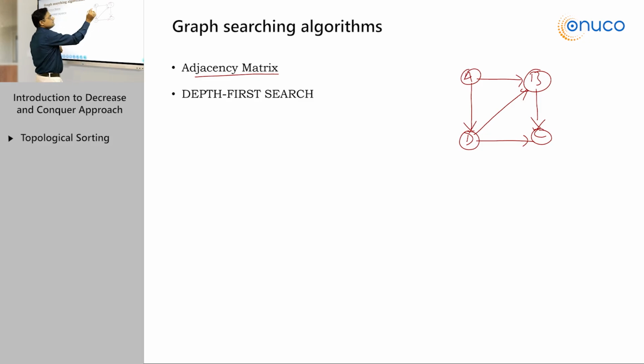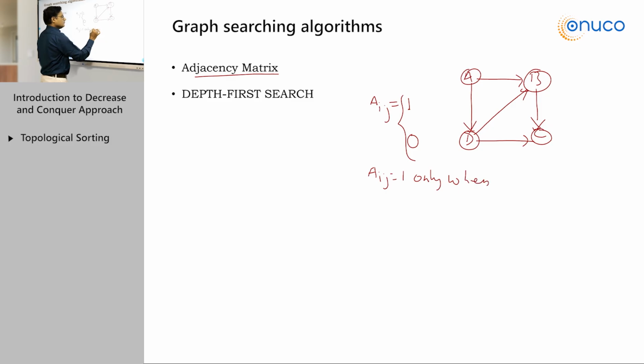Look, if there is a direct edge from i to j, then we write 1. Otherwise we write 0. A of ij is equal to 1 only when there is a path from i to j.